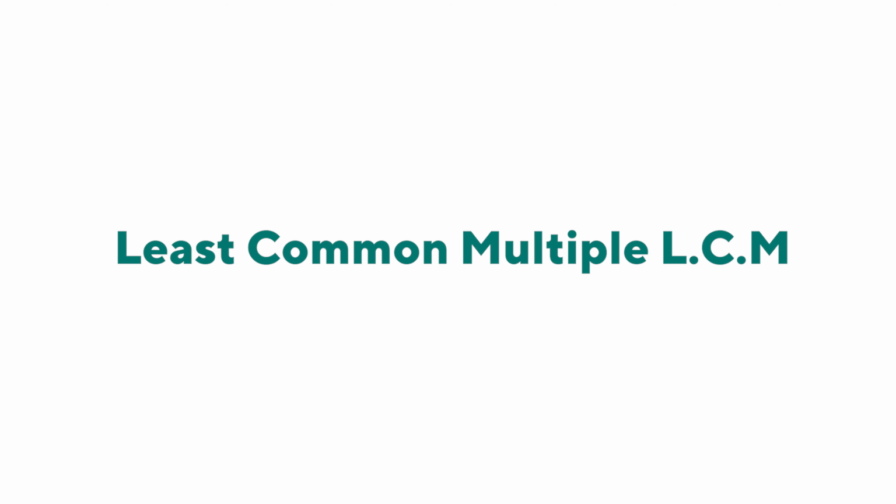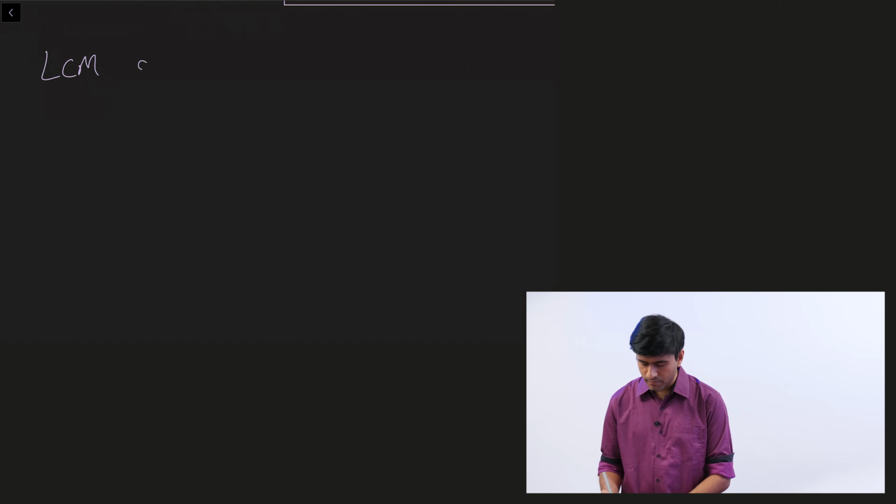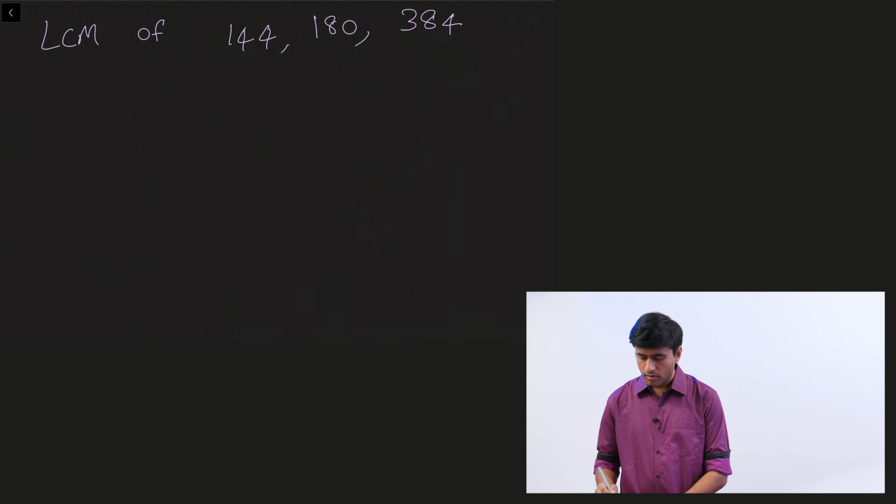Method 1, finding LCM by prime factorization method. Find the LCM of 144, 180, 384. What is LCM? LCM we know is the least common multiple.